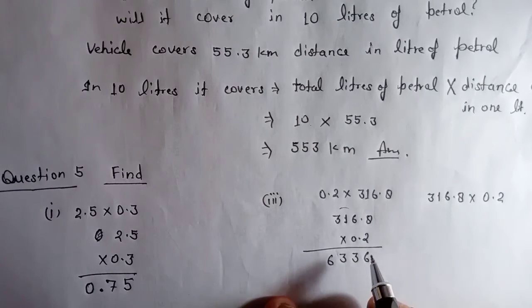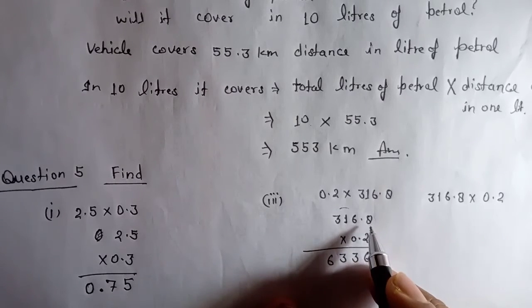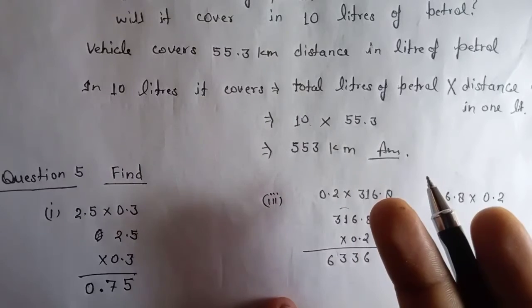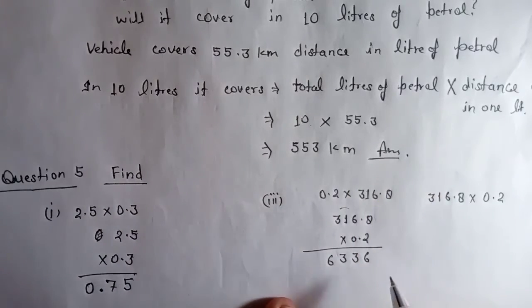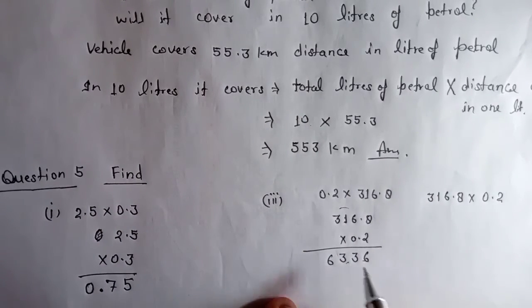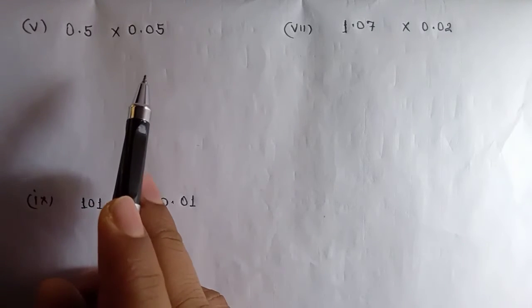Now there are two digits after decimal points. This is the first, this is the second. So you have to count two digits from the right side, 1, 2. So place your decimal sign here. 63.36 is your answer.